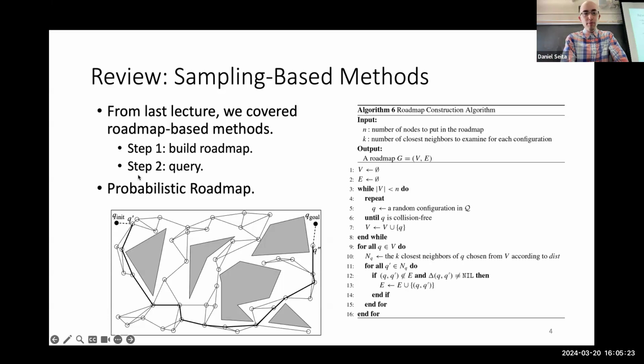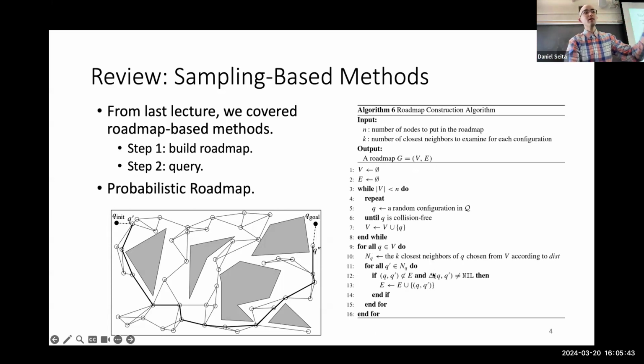So we talked about probabilistic roadmaps and this algorithm. There are a lot of lines here, but most of it is boilerplate. You make empty sets of vertices and edges. You have a bunch of sample points, and then you try to connect them with a local planner. Remember what the delta means?